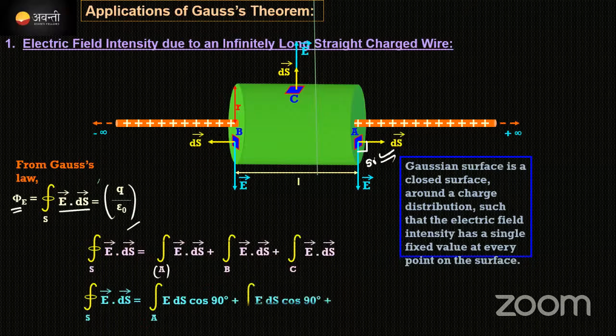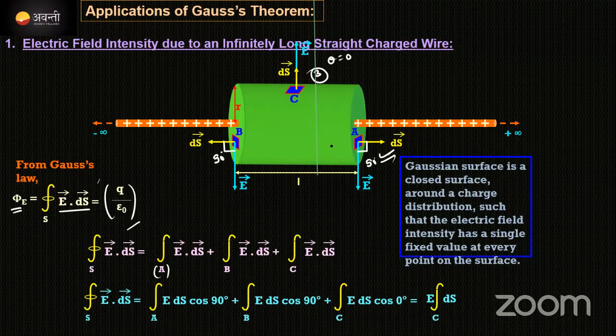And second one also area vector in this direction, electric field will be in this direction, angle between them will be 90 degree. And then coming to the third one, third area ds will be in upward direction, electric field lines also in upward direction, means angle between them will be 0 degree, means here cos 0 होता है. Correct ना? देखो इधर cos 90 means the value will be 0. Again second area का cos 90 value will be 0.